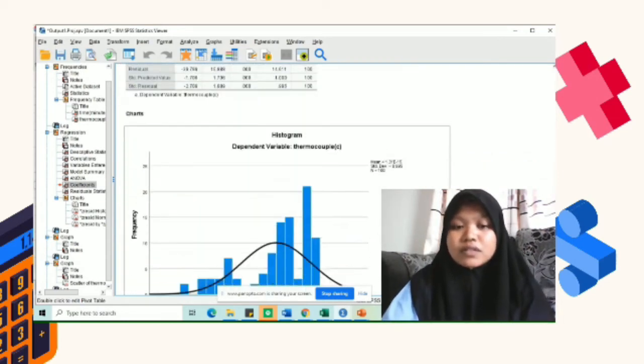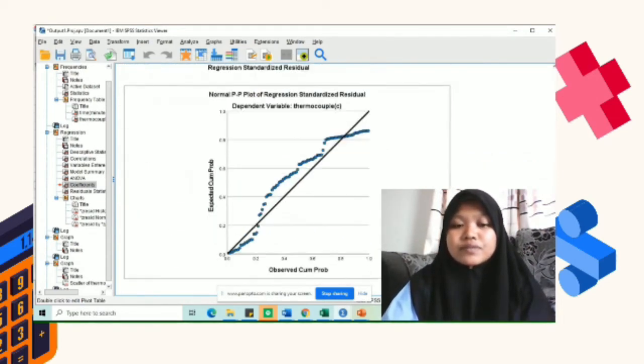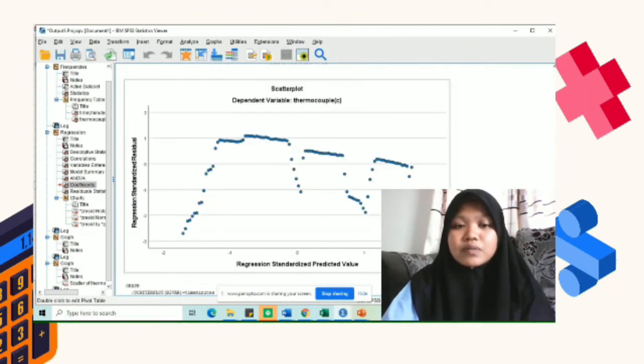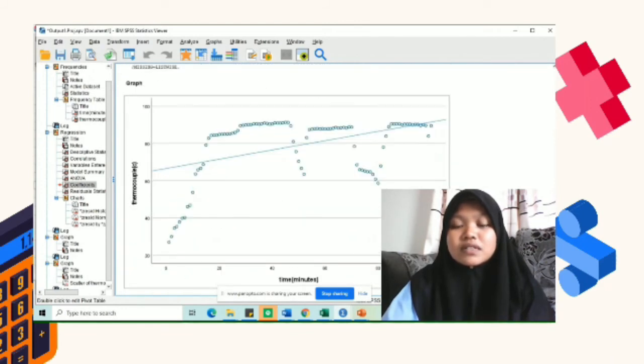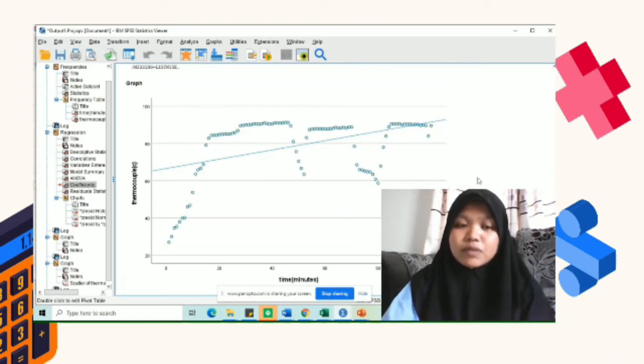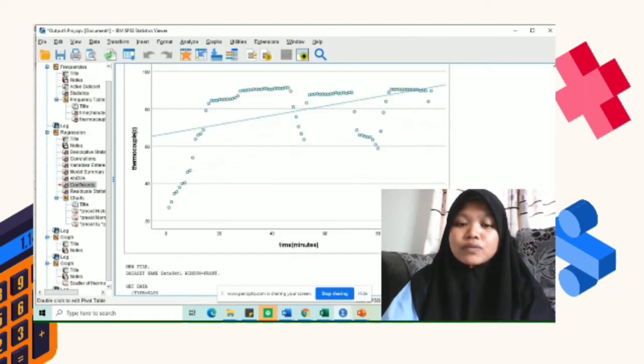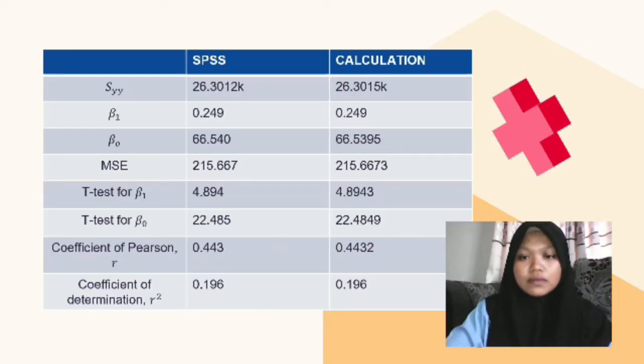Next is the chart, scatter plot, where the dependent variable is thermocouple. Here is the scatter plot diagram for variables X and Y, and we can see that our data has a positive linear relationship between X and Y since the best fit line goes up towards the positive value.